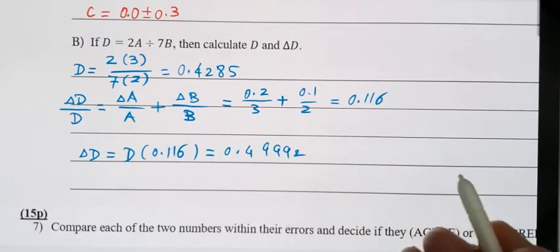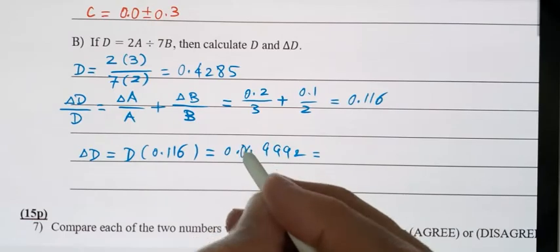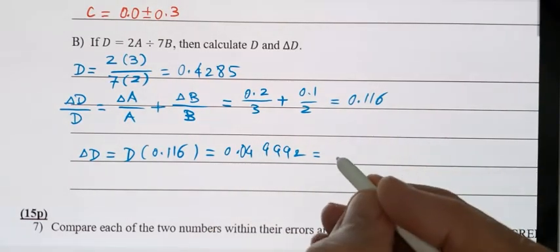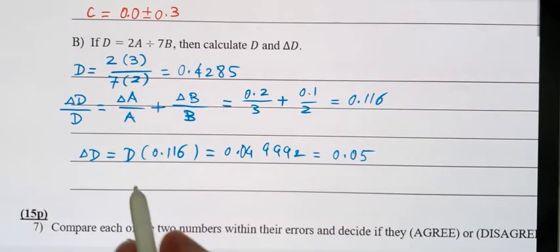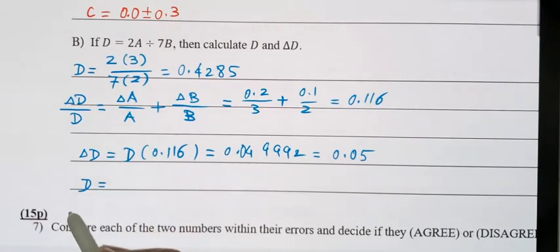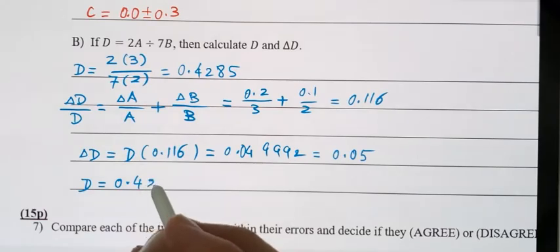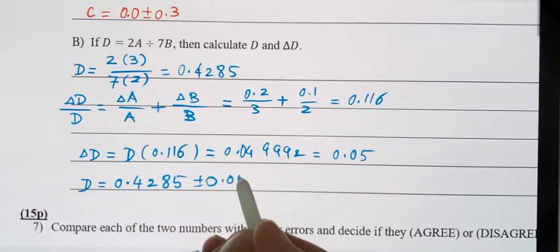0.049992. Now we apply our rule. 0.04. Error must be one significant digit, so it's 0.05. Oh, finally, number has to match the error. What was the number? 0.4285 plus minus 0.05.